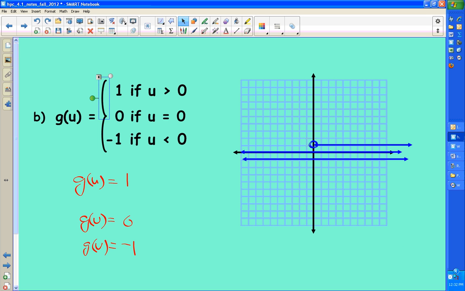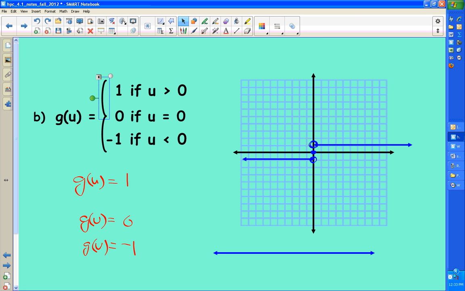So instead of a whole line, we're going to get just 1 point, (0, 0). And on the third one, g of u equals negative 1, we only want that when u is less than 0. So we only graph this side of the piecewise, and we open circle here. So now it passes the test for a function.